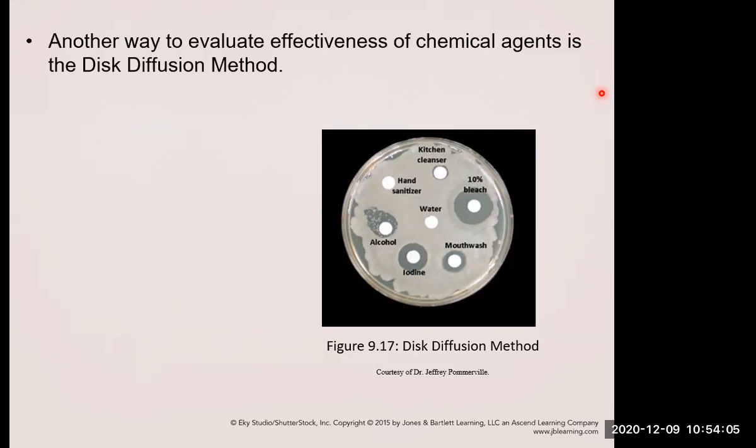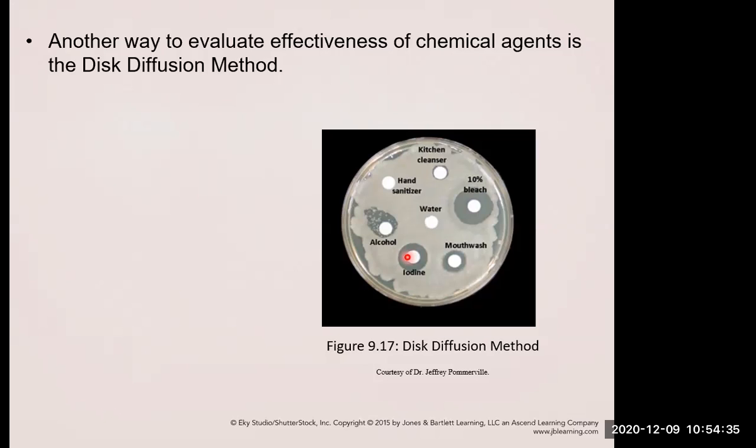So this is also something that I recommend studying. I will probably make some sort of a PowerPoint slide, or just find any sort of a stock image of this on the internet, show it to you and say, which of these is the most effective, which of these is the least effective. And so you'll look and you'll say, all right, well, water is the least effective, or hand sanitizer, they have no effect, whereas bleach is the most effective, followed by maybe alcohol and iodine.